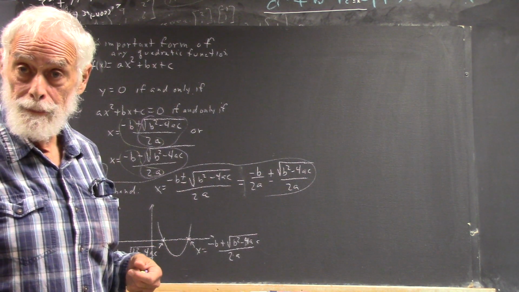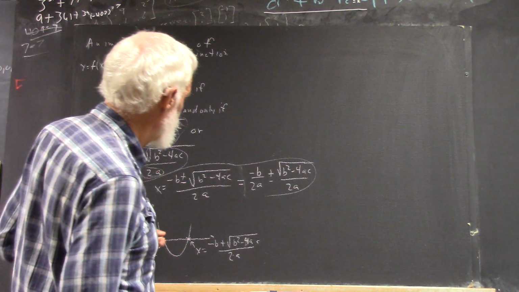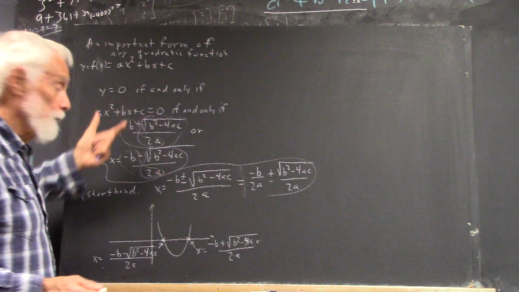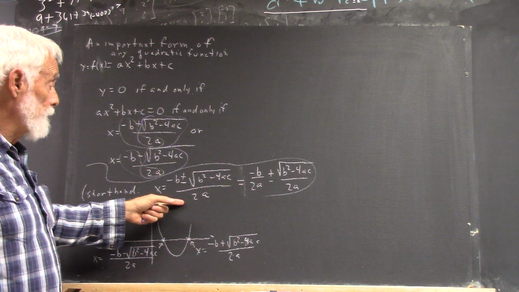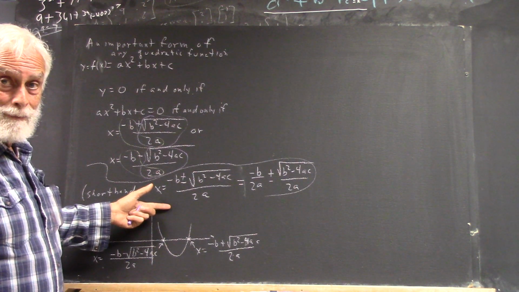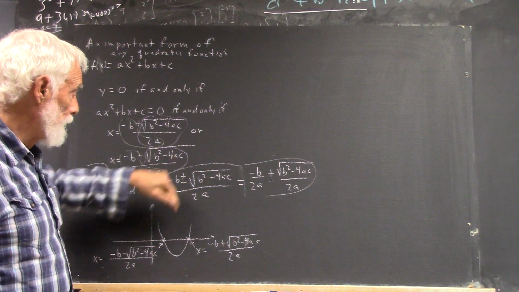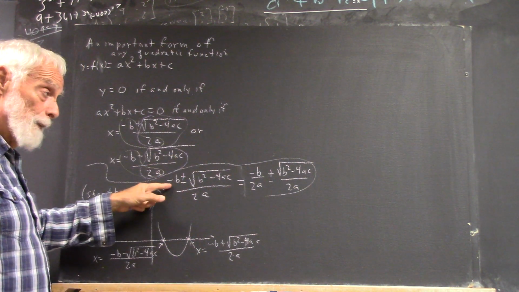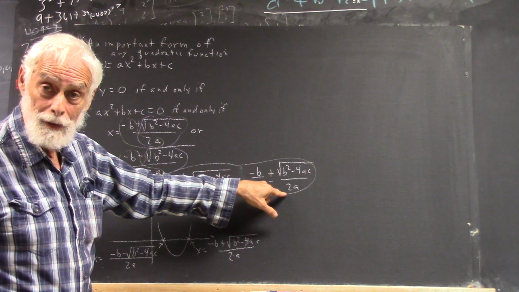Okay? Well, because that's just the distributive law. Okay? Dividing by 2a is the same as multiplying by 1 over 2a. So 1 over 2a times this plus or minus this has to be 1 over 2a times this plus or minus 1 over 2a times this, which is what you get here.